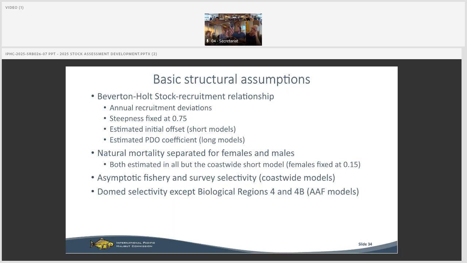And I think this is a good case of where we've tried to structure the assessment to help feed into the operating model a little bit, but we can't do everything. And maybe something like estimating the autocorrelation from the assessment to feed into the MSE operating model would be another place that we could cross-link the two.